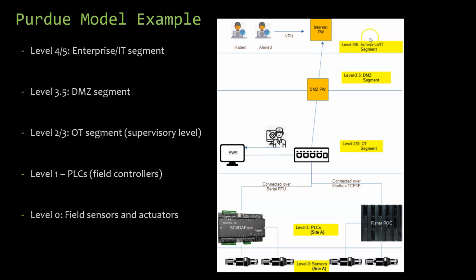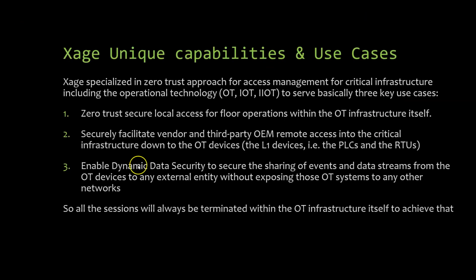And even if we want to send some information from the enterprise to this critical infrastructure, we need also a secure way. So the data exchange between this sensitive critical infrastructure and the outside is also one use case that you can achieve with Xage.